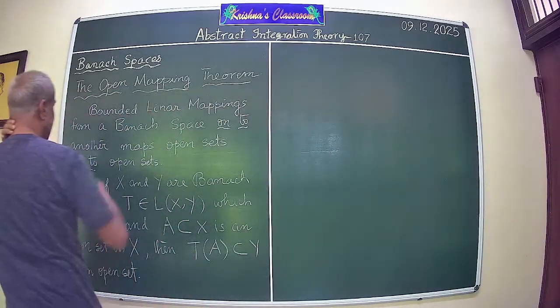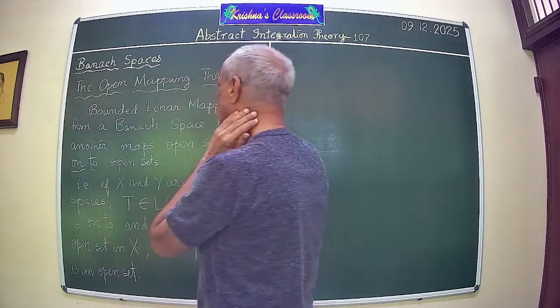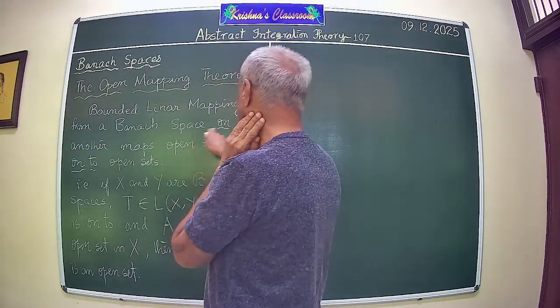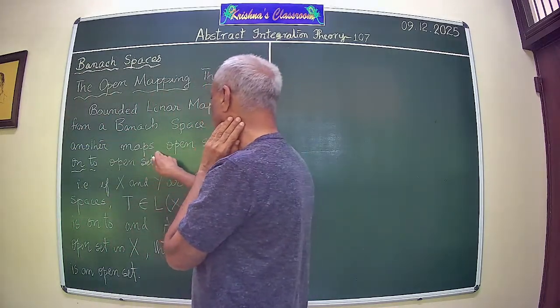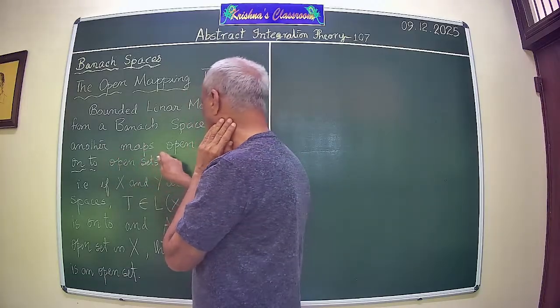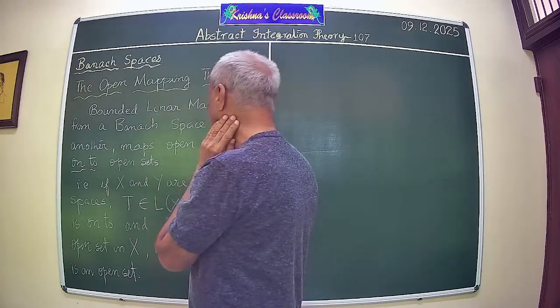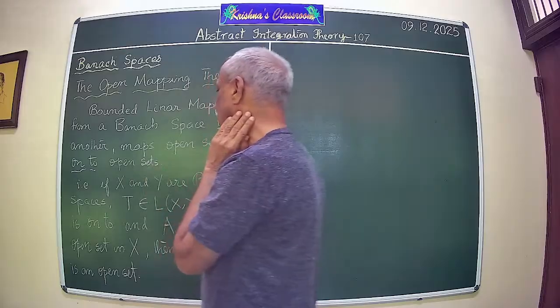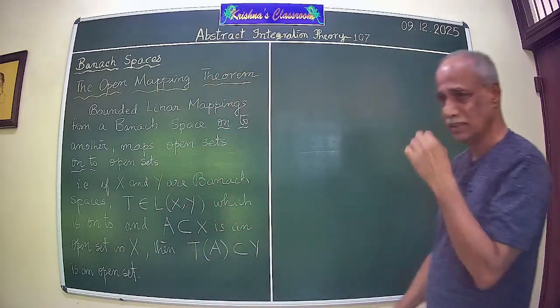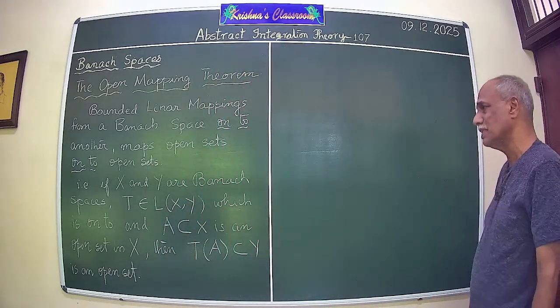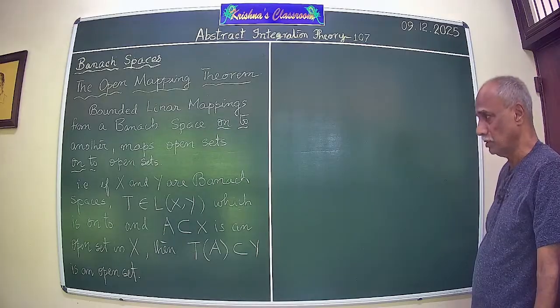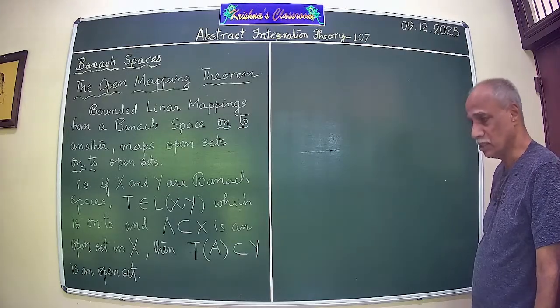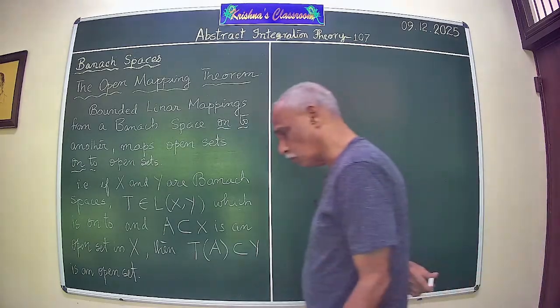Now, as I have written here, bounded linear mappings from a Banach space onto another map open sets onto open sets. So this is the content of the theorem, and it is for this reason that images of open sets are open sets.